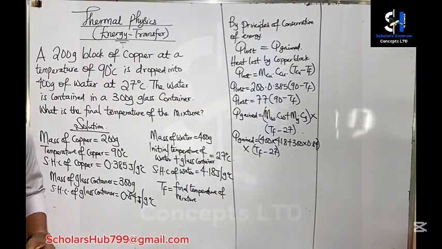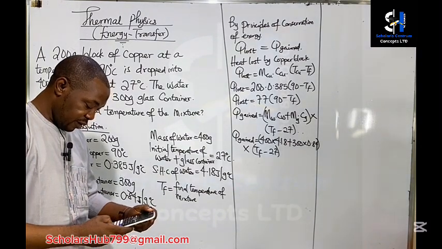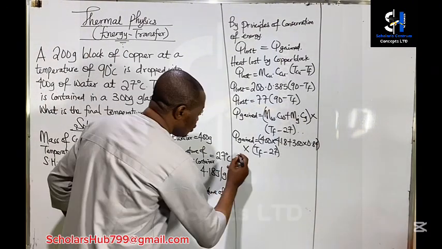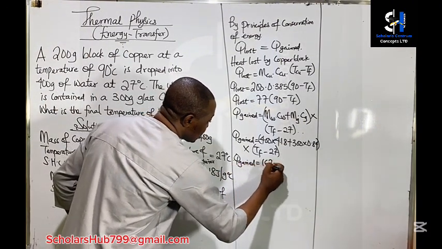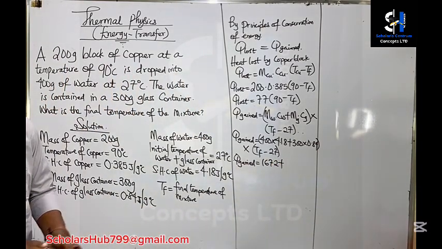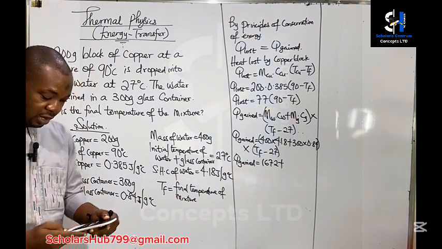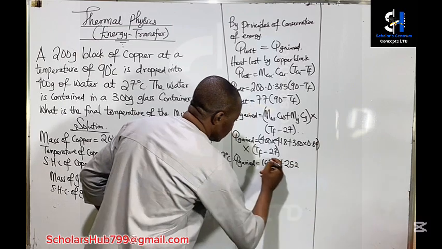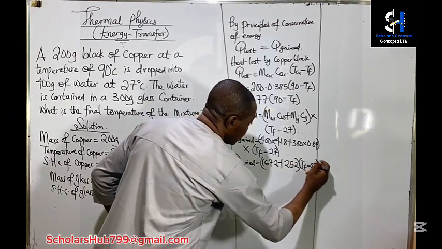Okay, so what is 400 multiplied by 4.18? That will be 1672. So the heat gained will be equal to 1672 plus 300 multiplied by 0.84, which is 252, then times TF minus 27.